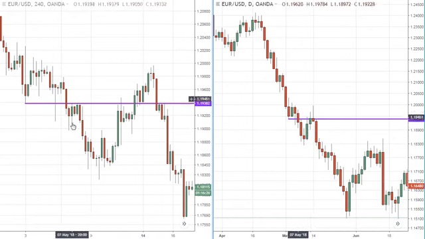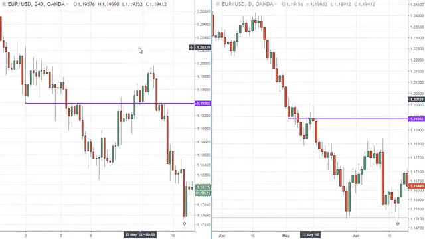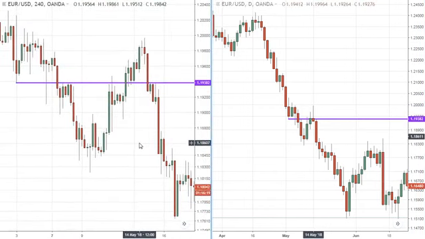Now from this pullback, I want you to pause the video and try to think about this. Where is the buyer resting 100% or more, and where is the V formation? Because they are slightly different. They are not exactly the same thing.